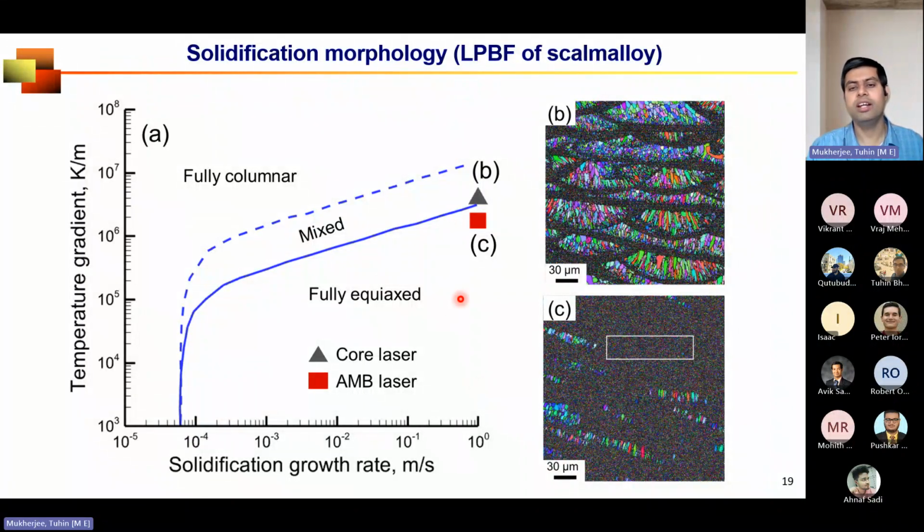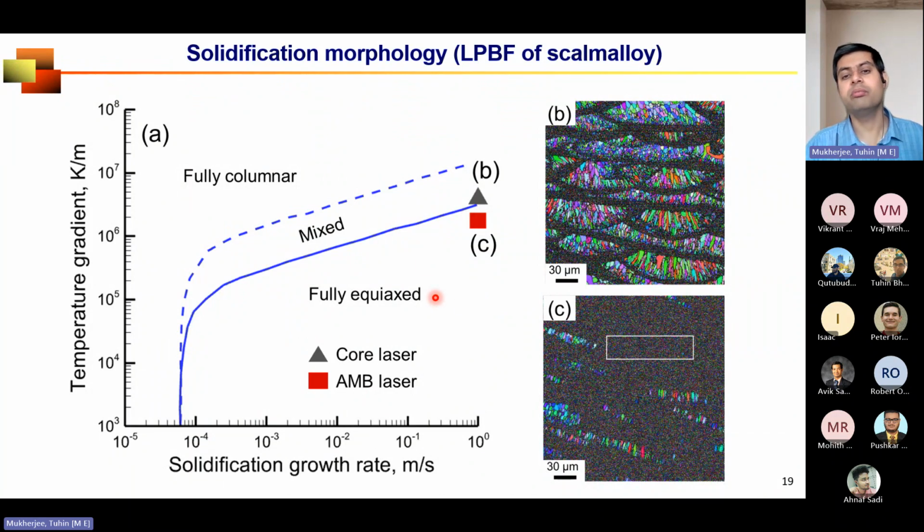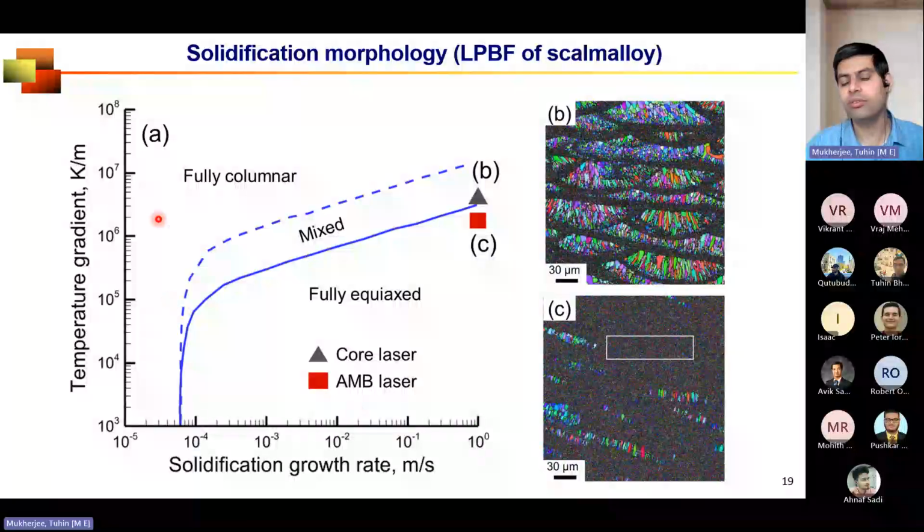So based on very simple calculations, you should be able to predict microstructure that is also consistent with the experimental investigation. Understanding the grain morphology from temperature gradient and solidification growth rate is well established in the textbook. In the welding metallurgy textbook, a famous textbook by Professor Sindo Kou from the University of Wisconsin-Madison, he has demonstrated this for welding.